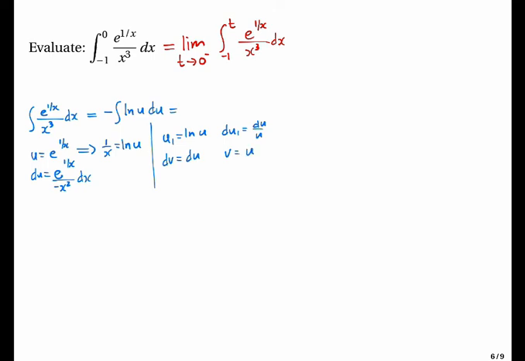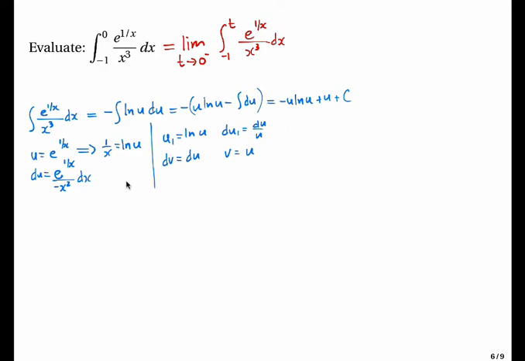So we get minus u1 v, that is equal to u ln of u minus the integral of v du1. So you just have du in here, and therefore you will get minus u ln of u plus c.